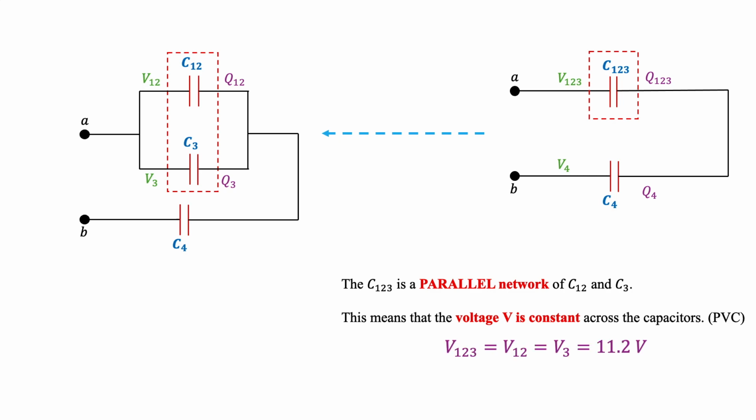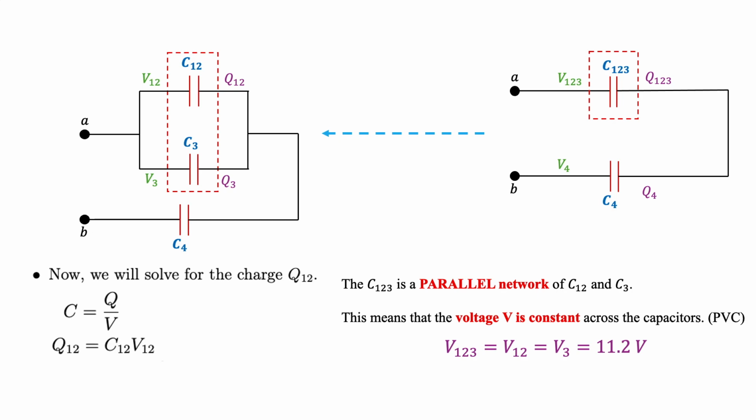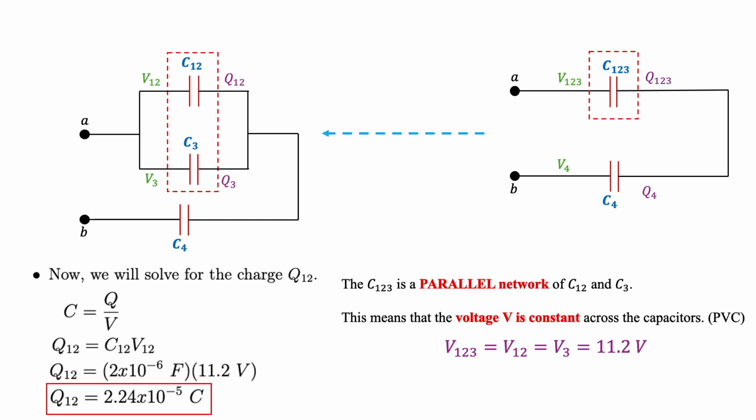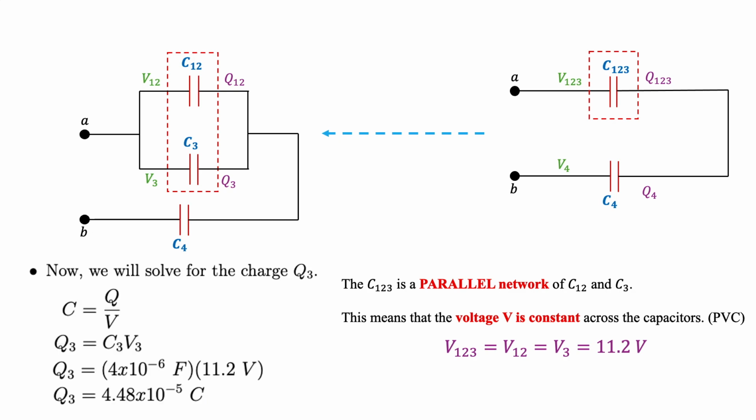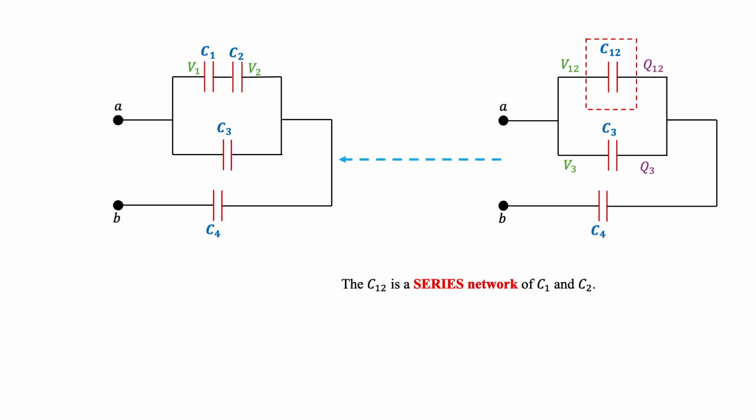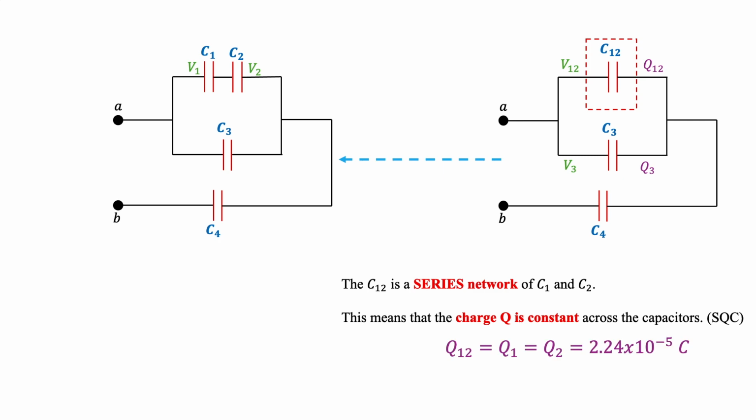And you think: if it's parallel, then the voltage will be the same. If it's series, the charges would be the same. So further break down your capacitor 1, 2. Okay, you're left with series, so the charges must be constant. So basically, that's the entire gist of solving problems involving capacitor networks.